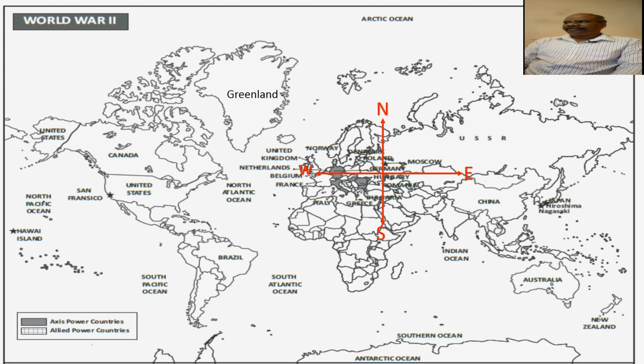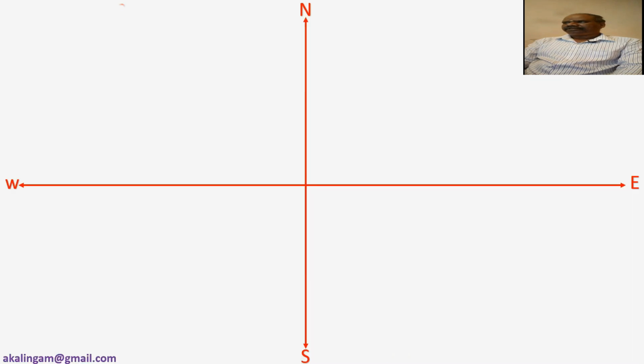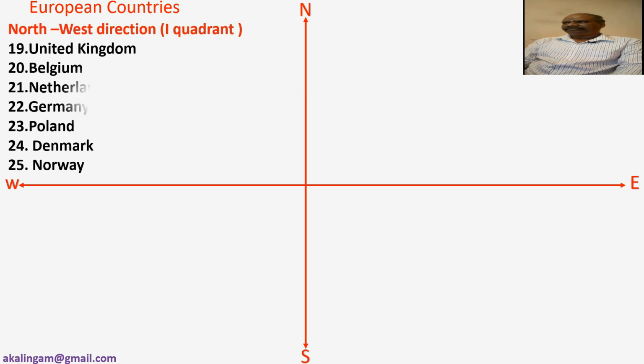In this same way, you can sort out European countries, because most of the European countries lie very close together. Students are confused in this area, so if you sort out European countries, you can understand them easily.